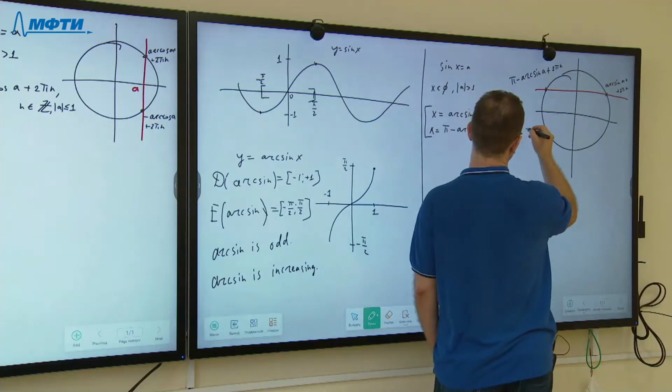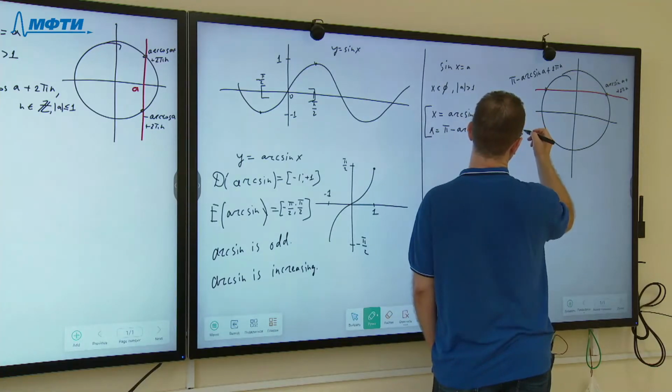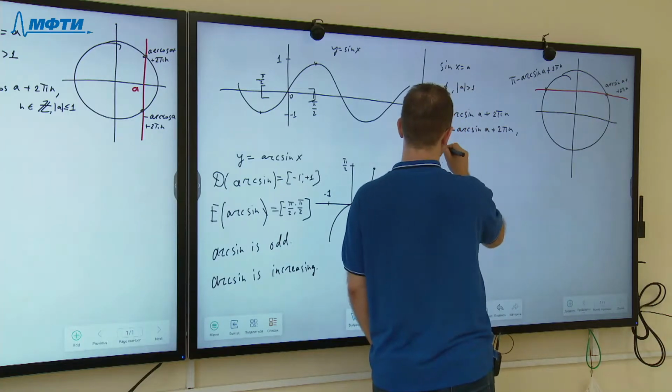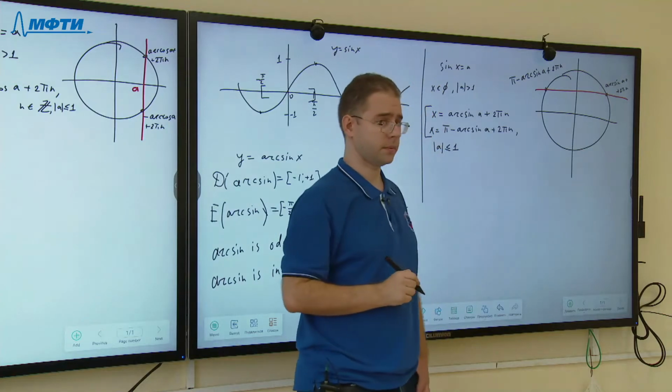All of this is provided that the absolute value of a is less than 1.